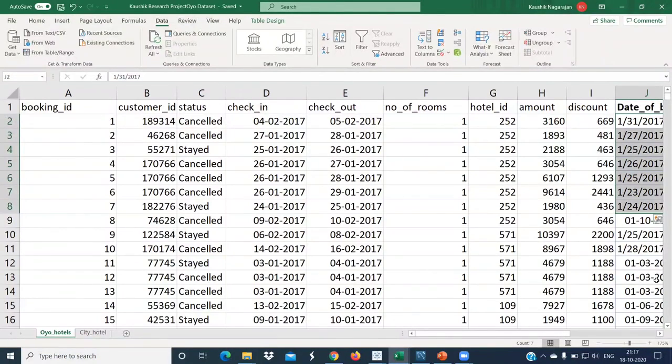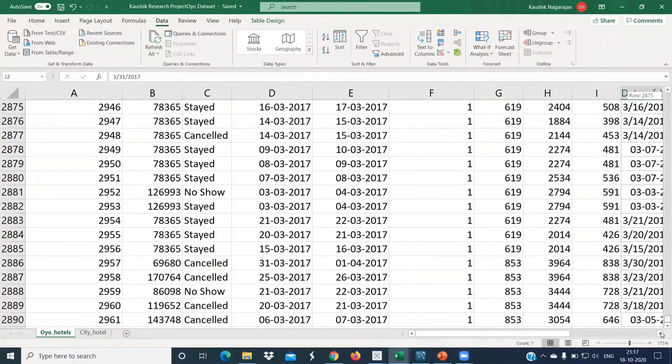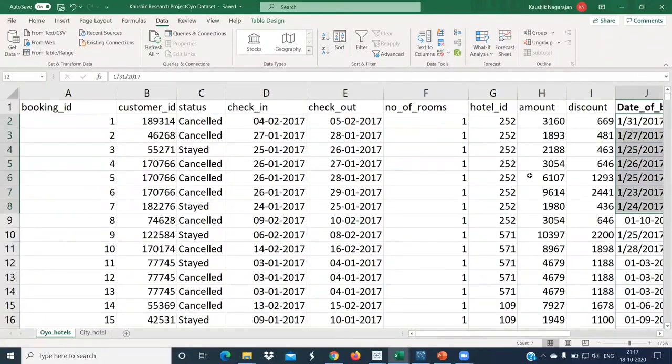The other method is using the table data import wizard, which is usually preferred for short tables with fewer rows. This OYO hotels dataset consisted of nearly 2890 rows, which is why I chose to import using the CUI method, that is the command prompt.